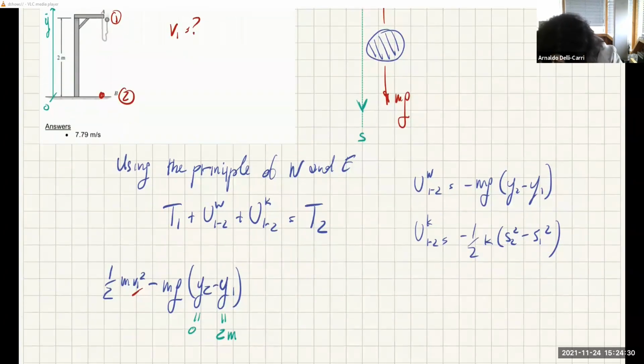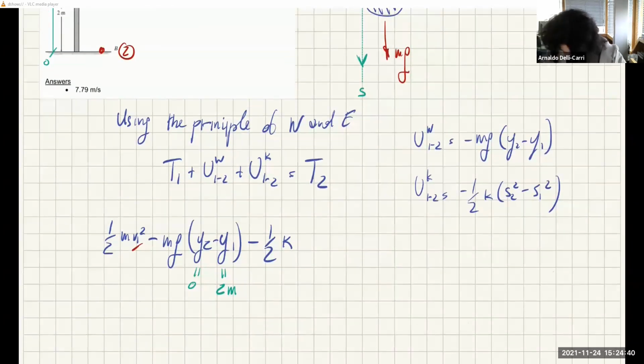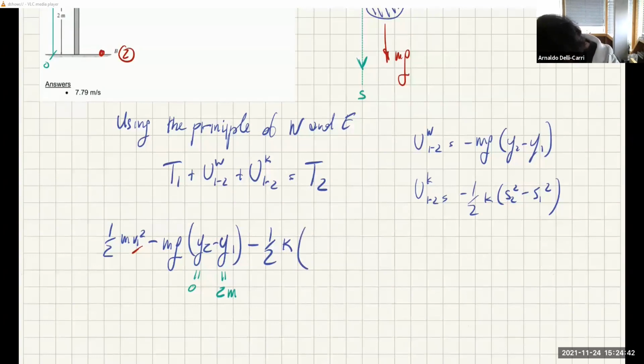All right, so let's go further on. We have minus half K. K is the stiffness of the cable, 50 newtons per meter, times S2 squared minus S1 squared. S2 is the final stretch.